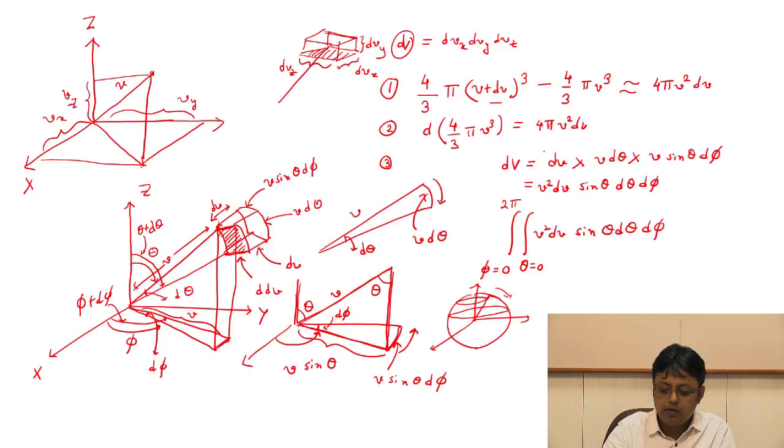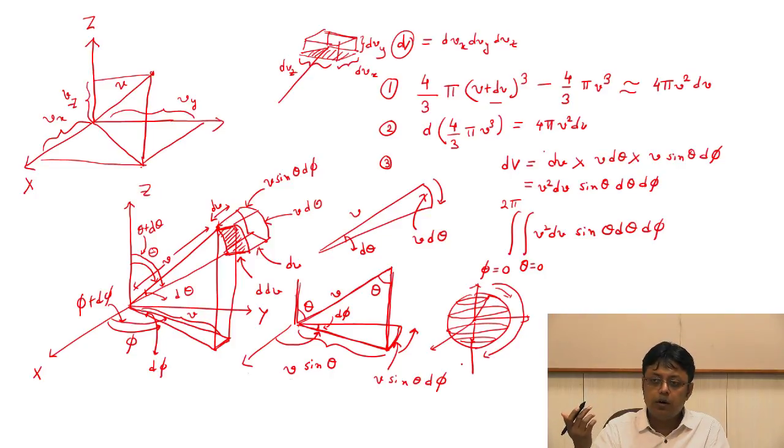I'm sweeping theta and phi together. So I can generate the entire surface if I sweep the theta all the way from here to here, which means the theta variation is from 0 degrees when it is aligned along the z-axis all the way to the minus z-axis, which is 180 degrees or pi. This picture you have seen in geography, just like latitudes and longitudes.